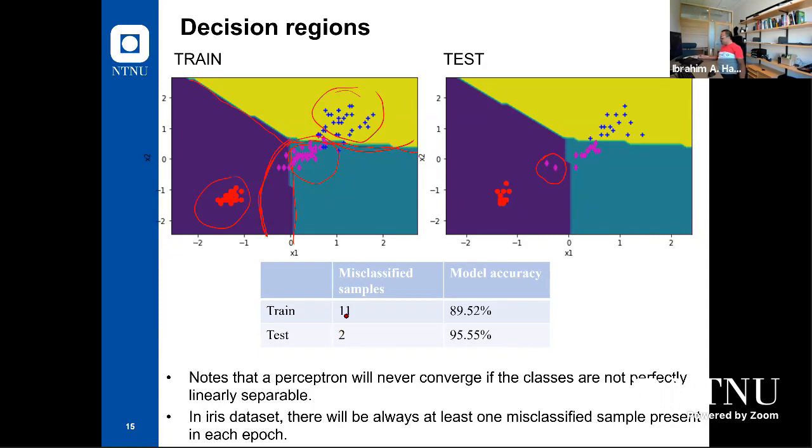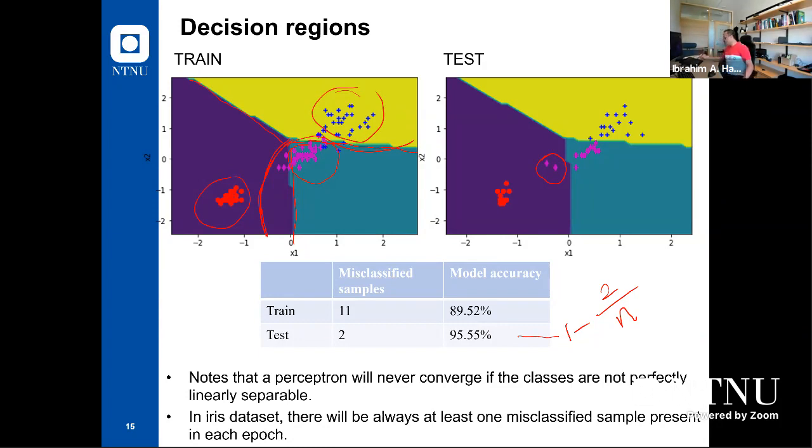In fact, this accuracy should be 1 minus the number of misclassified samples divided by the total number of samples in the testing set, n testing, and it will be the same for n training, 11 divided by the total number of samples in the training data set. This is how we can find the model accuracy.